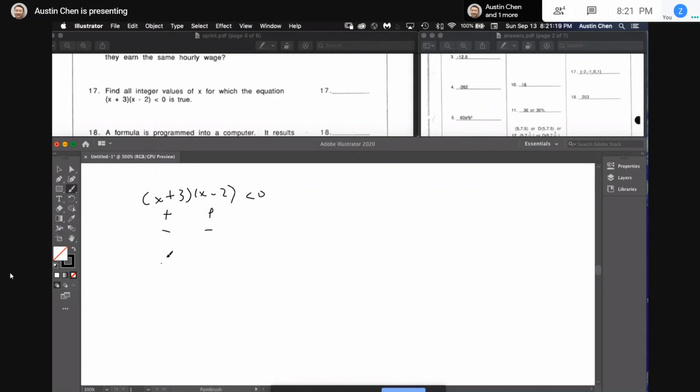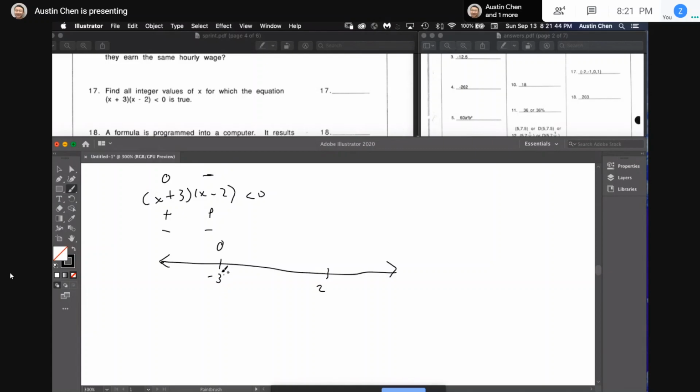Basically, we can visualize it on a number line, okay? And then we have x equals -3 here and x equals 2 here, right? So whenever we are at x equals -3, this is going to be 0, and this is going to be a negative number. So we'll denote this as 0.